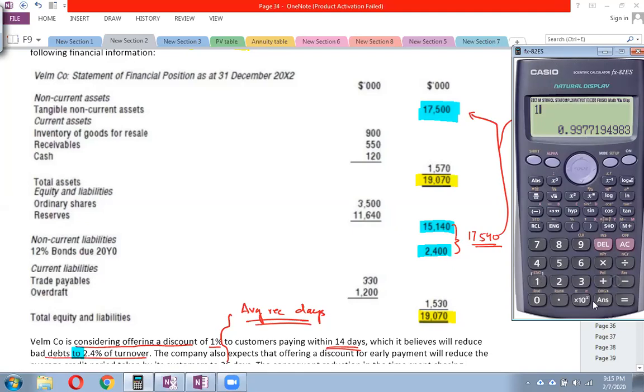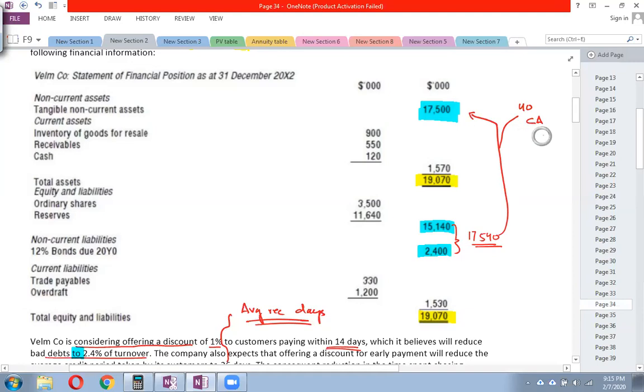So the remaining 0.23%, only less than 1%, of the long-term finance is used for the current assets. So only 1% of long-term finance is used for current asset, right?